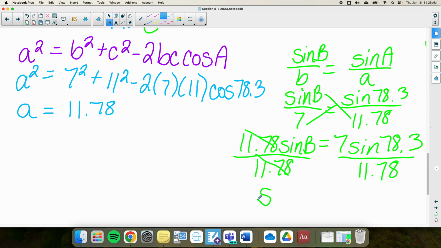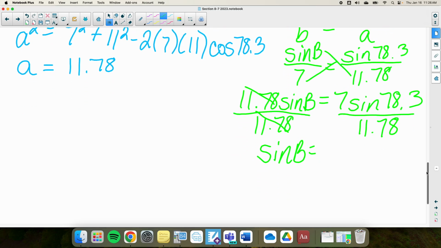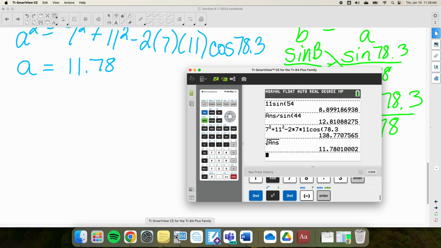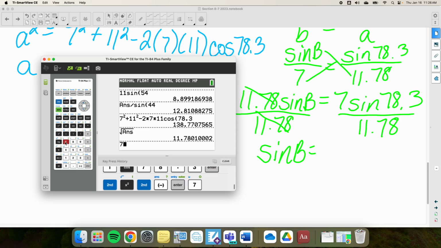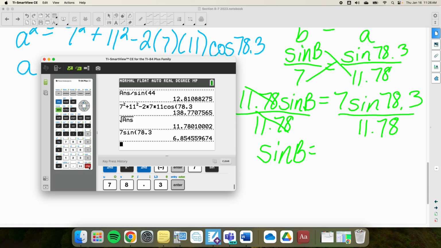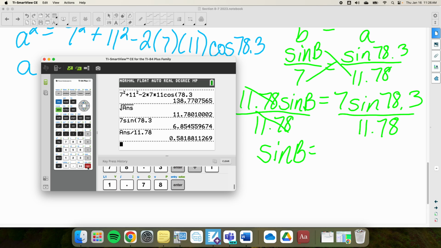And you have to realize when you punch this in that it is sine of B that you're going to get. So then you have one more step where you go second sine, second answer. So if we go 7 sine 78.3 enter divided by 11.78, you're going to get a decimal less than 1.